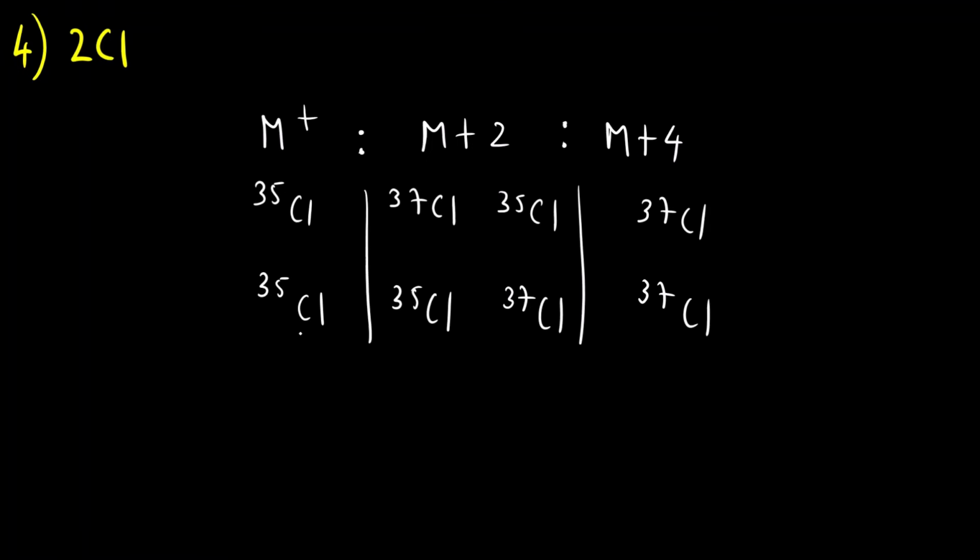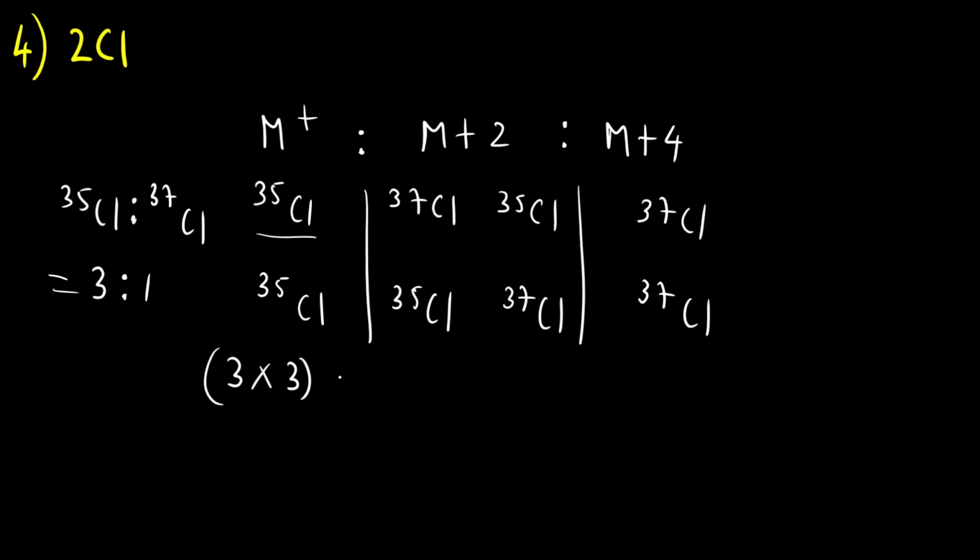Okay, so how do you find out the ratio? Again, 35 Cl is to 37 Cl. What is the ratio? 35 Cl is 3, 37 Cl is 1, so 3:1. Now 35 Cl is 3, so multiply 3 into 3. Now 37 Cl is 1, 35 Cl is 3.